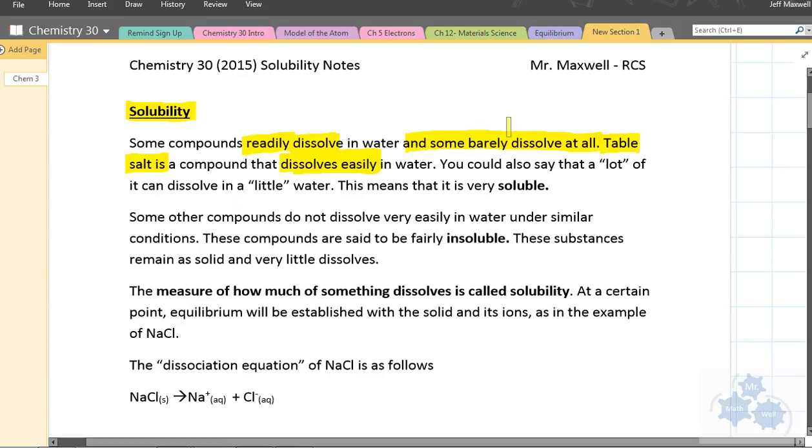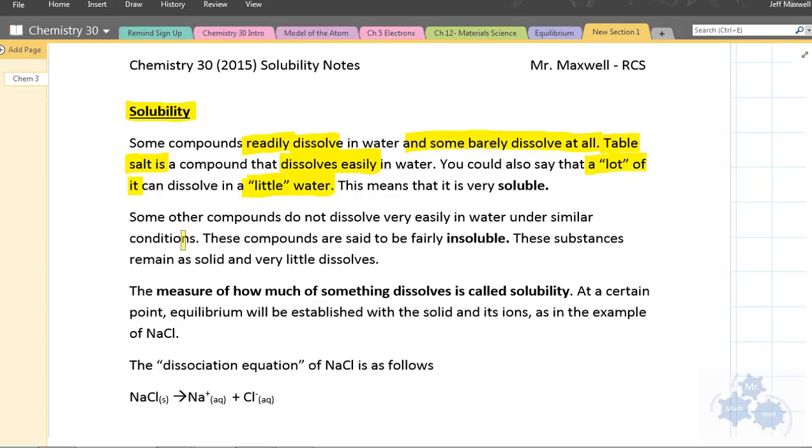You could also say that a lot of it can dissolve in just a little bit of water. So if you say, I could take a lot of salt and put it in a glass of water, and I could just stir it up, and it'd look like it's gone. Well, it's not really gone, but it's dissolved, right?